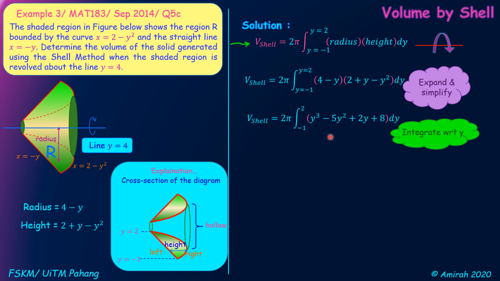We integrate one by one because in between there are plus and minus signs. So volume by shell equals, we still have constant 2 pi after we integrate.